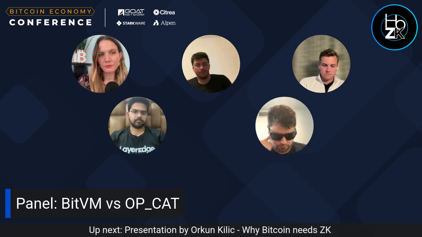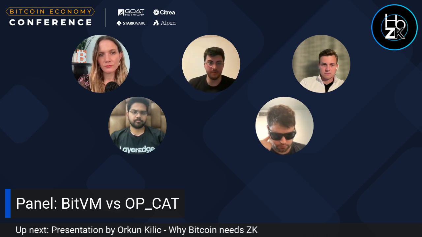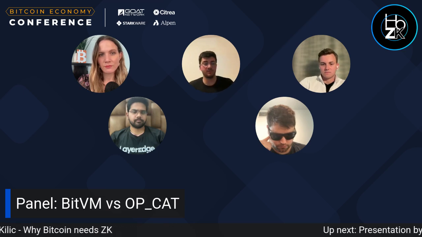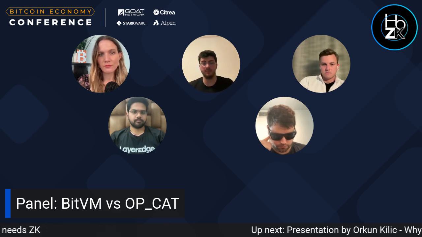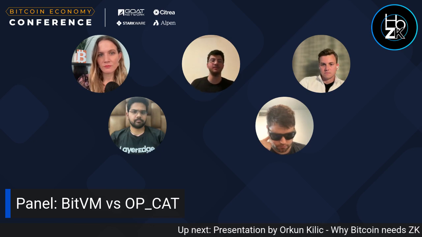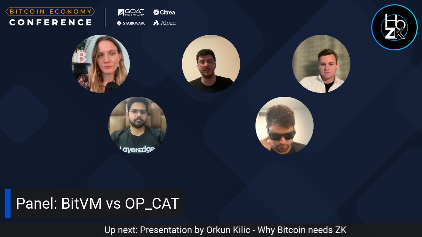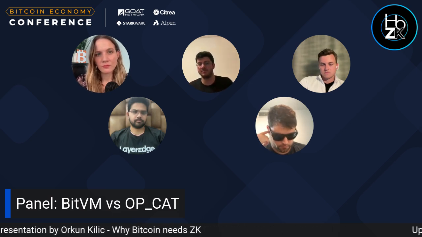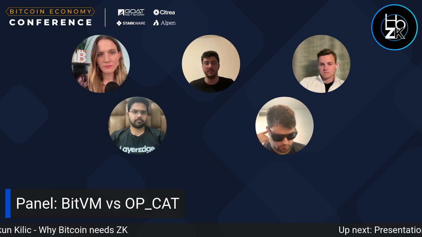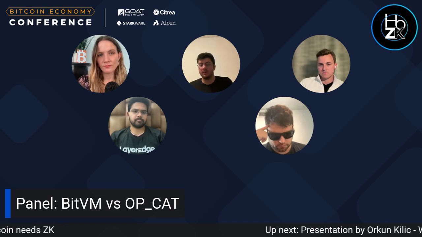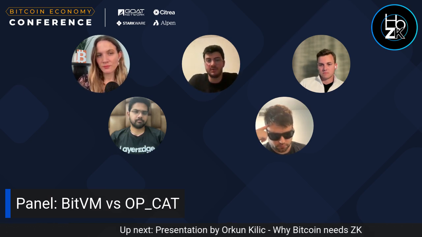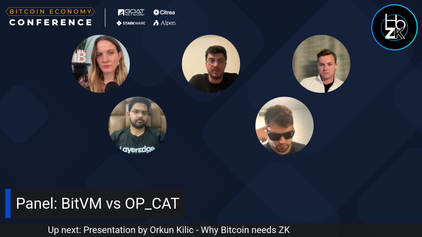So right now, we are not preparing for OpCat, but as Alexei said, switching from a BitVM-based bridge to an OpCat-based bridge would be very simple, and it can be done in 6 months. I believe BitVM-based bridges are much more complex than OpCat-based bridges, and OpCat-based bridges are also more secure than BitVM-based bridges.